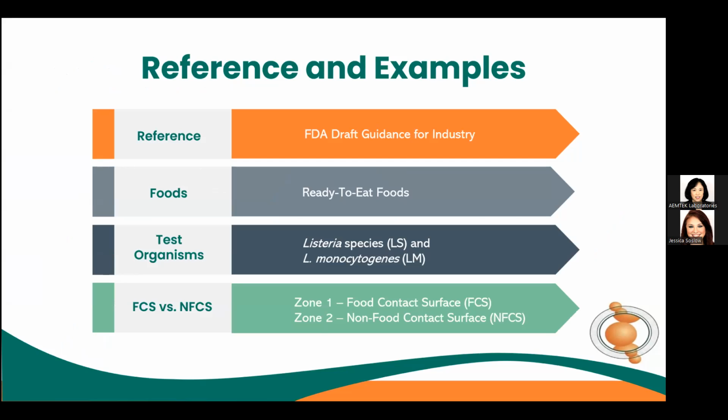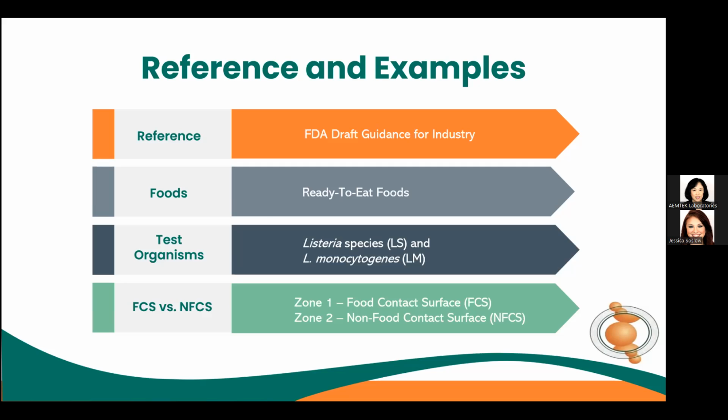For the discussion in this webinar, we reference the FDA draft guidance on control of Listeria monocytogenes in ready-to-eat foods. The example testing organisms are Listeria species and Listeria monocytogenes. FDA recommends testing for Listeria species because doing so will detect both Listeria and Listeria monocytogenes.